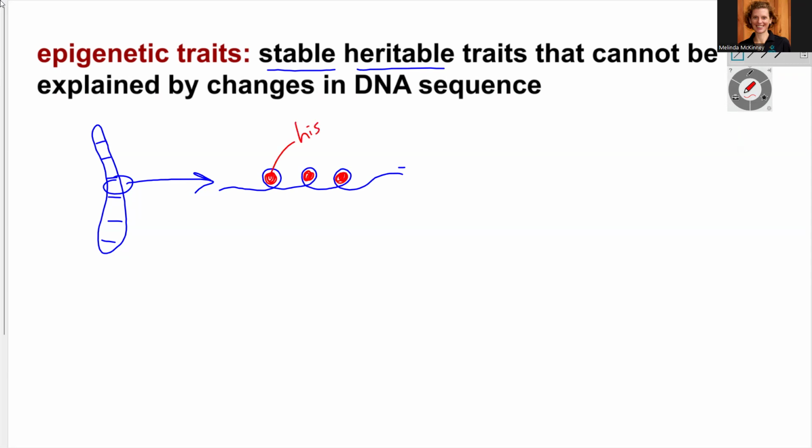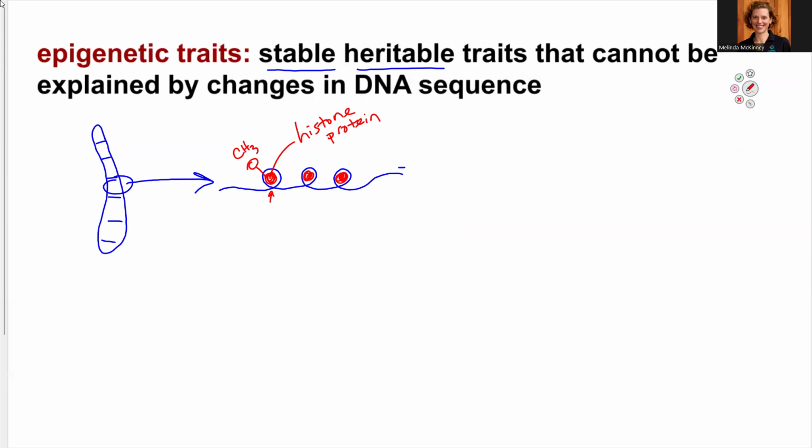These are histone proteins. So chromosomes are made up of DNA and proteins that help with the packaging. And so sometimes these proteins are actually modified chemically. So you can add methyl groups to them or other groups, and that can change how easily it is to get at this DNA that's next to it and read it off.